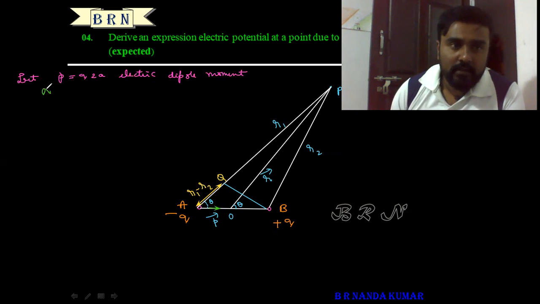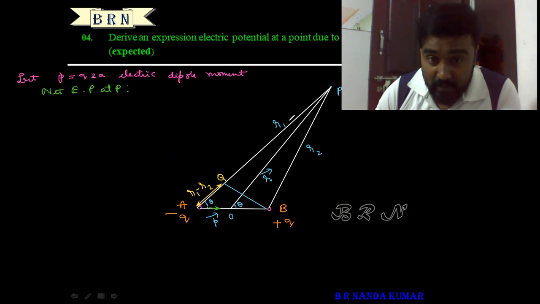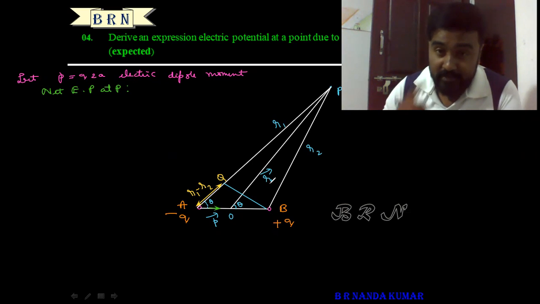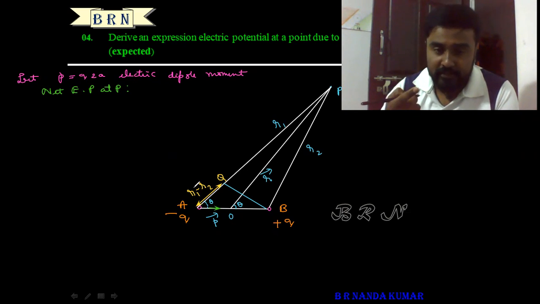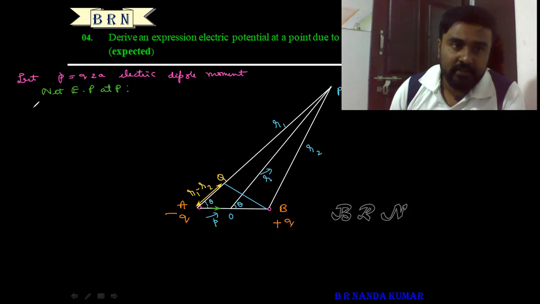Next, we must find the net electric potential at point P due to two point charges. Remember one point: electric potential at a point due to a positive charge is positive, and due to a negative charge is negative. So to find the net potential, first take the positive potential, then the negative potential.